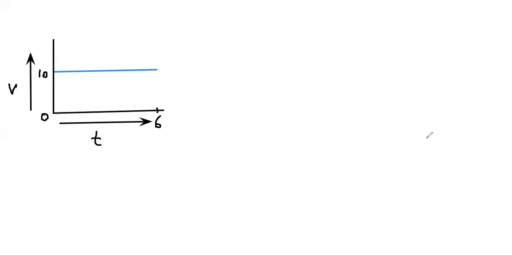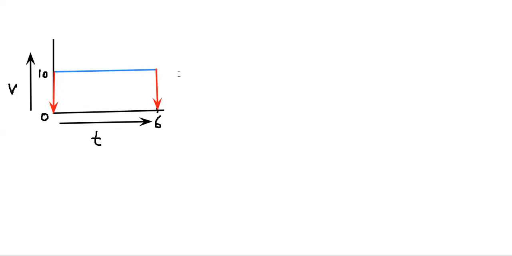Now if the graph is like this, a straight line, and you have to calculate distance, the area under this line would be in the shape of a square. You can see it can be of the shape of a square, so you just have a rectangle. You just have to calculate the area of this square or rectangle, and then you can find the distance.